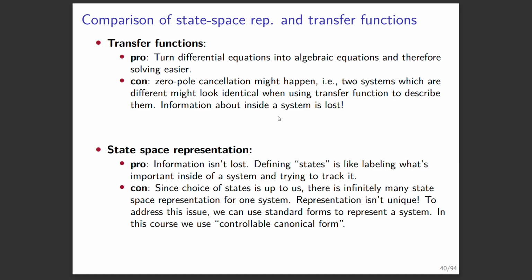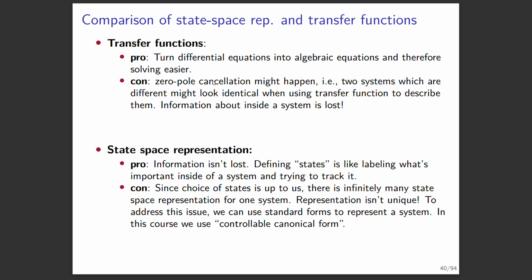Okay, so let's compare state space representation and transfer functions before we actually start describing what state space representations are. So, transfer functions: what is good about them is that they turn differential equations into algebraic equations and make the problem easier to solve. What is the con? It's what we just talked about. It's called zero pole cancellation.